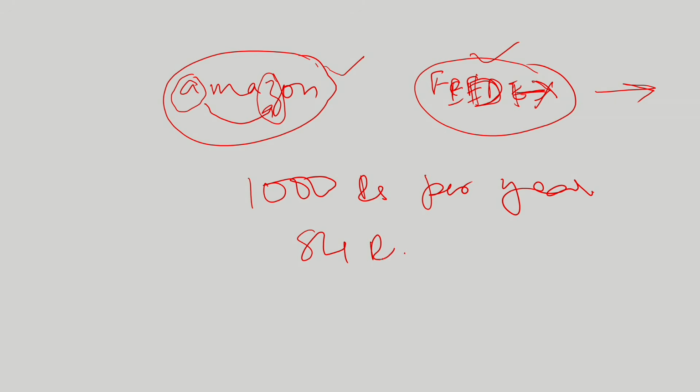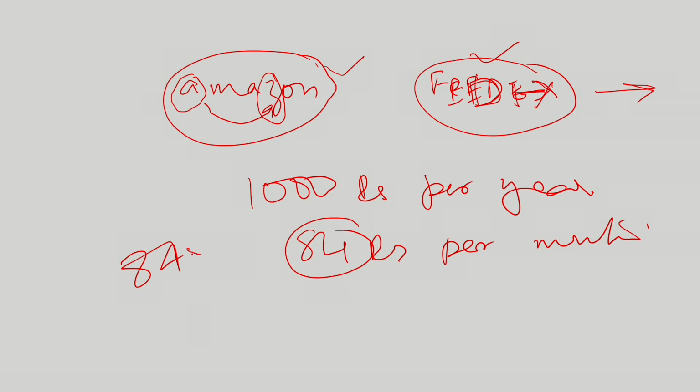But let's say I say you only have to part with 84 rupees per month for a newspaper, magazine, newsletter. Now interested? Yes, most people are. But as you look into it, most people are actually fooled by it. And so 84 into 12 gives you 1008, and so you are 8 rupees more than 1000 and still you are interested in it.